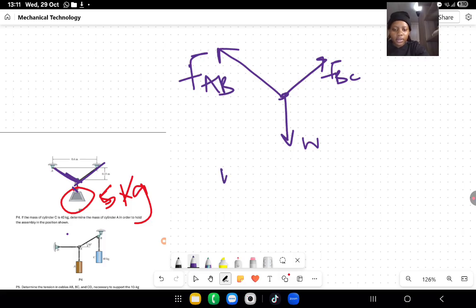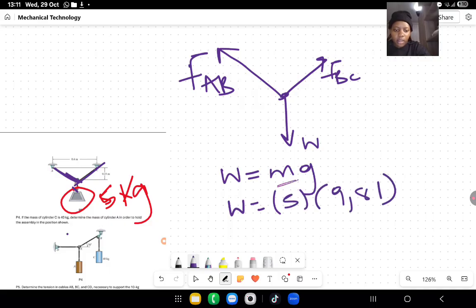Our weight equals mg. We are given the mass, which is 5, and our g is constant, 9,81. So our weight will be 5 multiplied by 9,81, which equals 49,05.